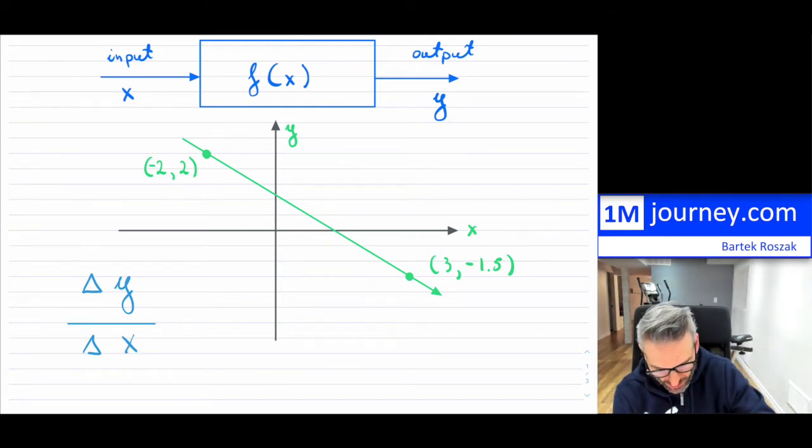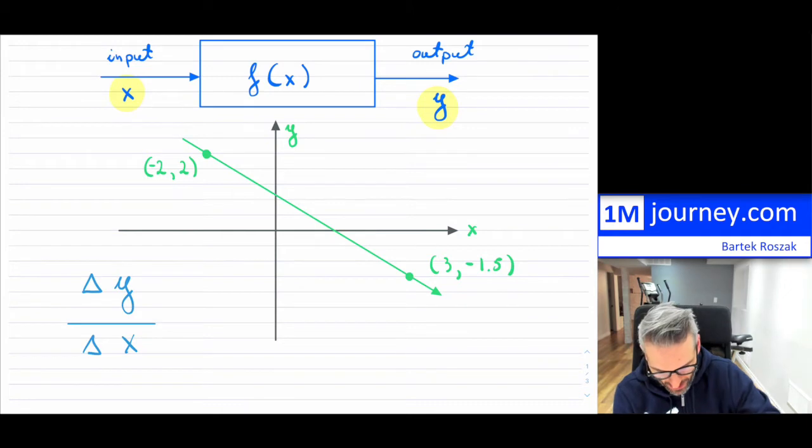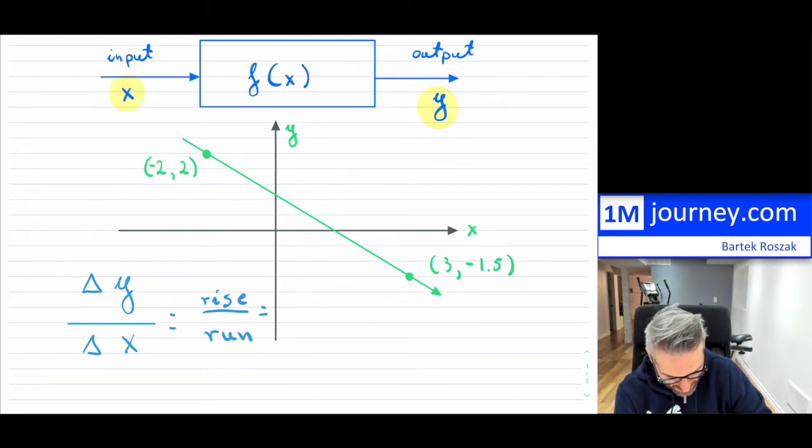So as our input is changing, what is happening to our output? That's what we want to be able to find. For lines, this was the famous rise over run, simply designated as m, which was the slope.